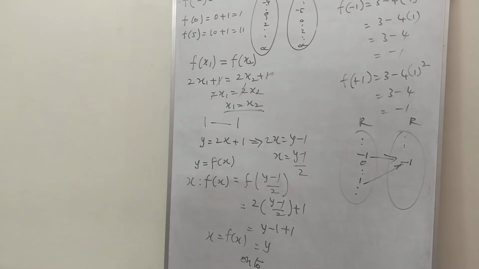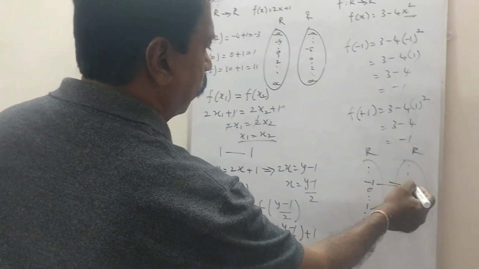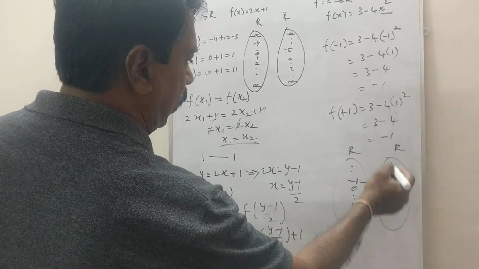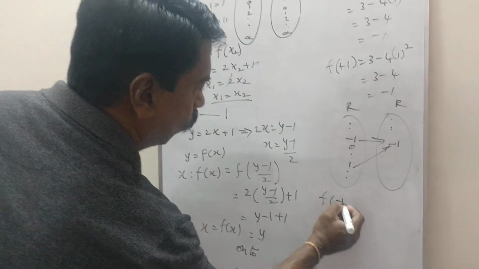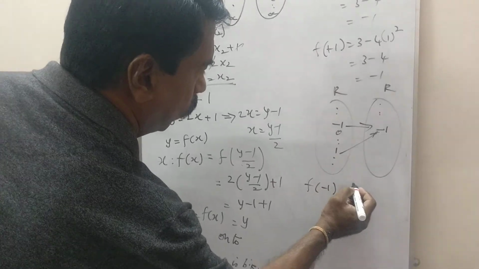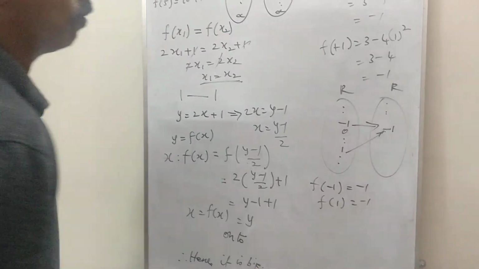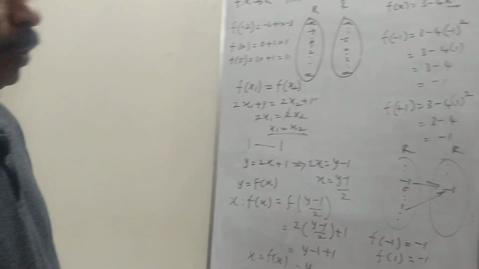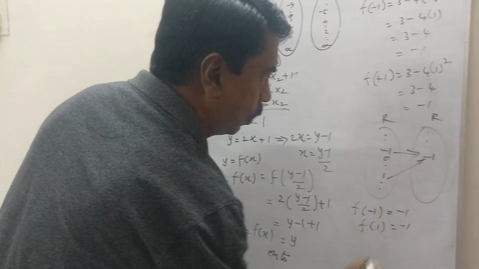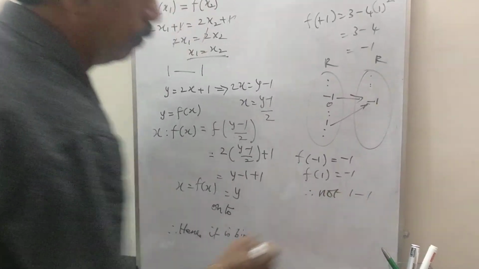That is, f of minus 1 is equal to minus 1 and f of 1 is also minus 1. That means it is a many to one function. It is a many to one function, hence it is not one to one.